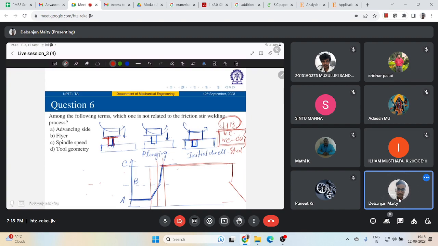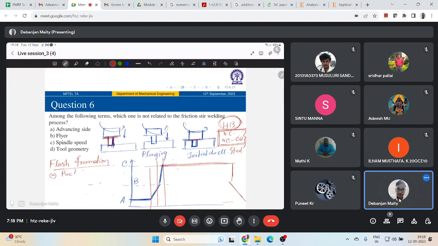If you watch some video of friction stir welding, you can get a clear view. In terms of the different working regions in friction stir welding, we generally divide the process into five different working zones.